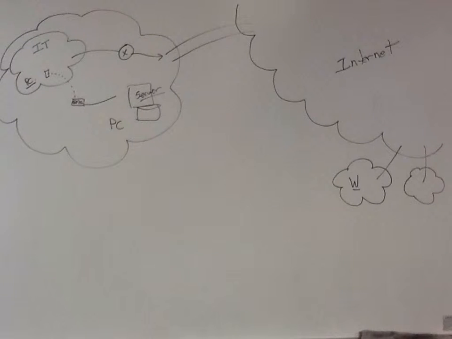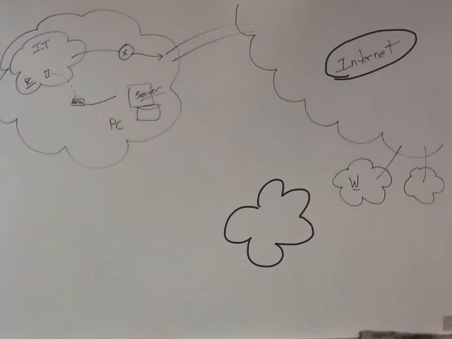Also on day 1, we got this picture here, and I'm going to re-emphasize a couple things. The internet allows us to access this information out on the web. Maybe here is Google.